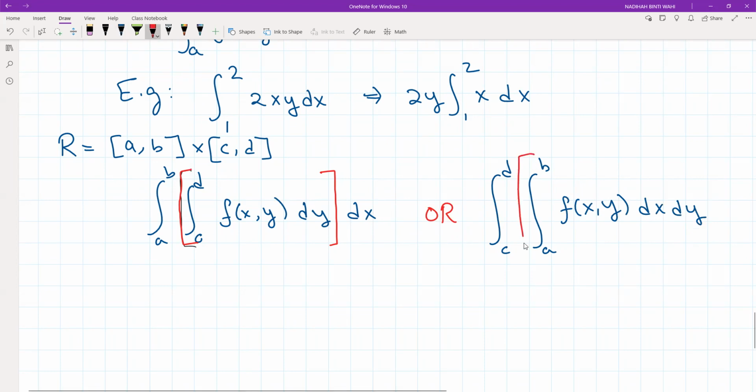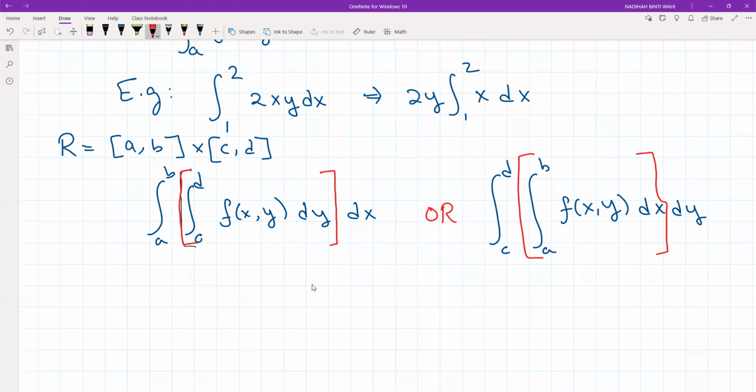You take the inner integral first, okay, and then integrate, and then after that, do the iteration on the second variables. Okay. So bolehlah mana-mana. Yang ni tak ada masalah sangat.